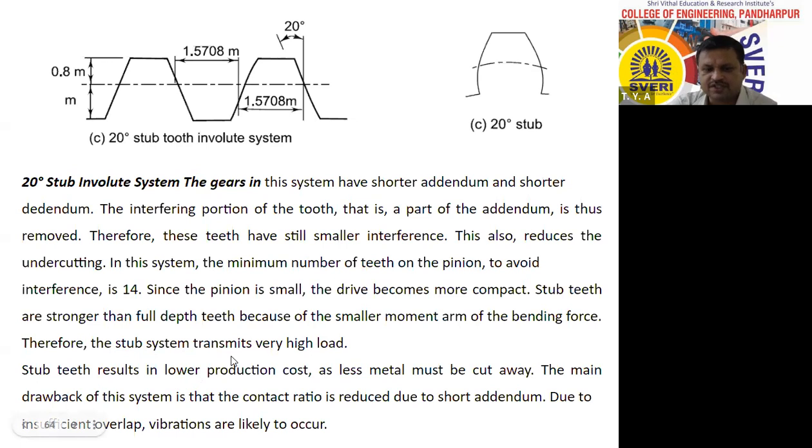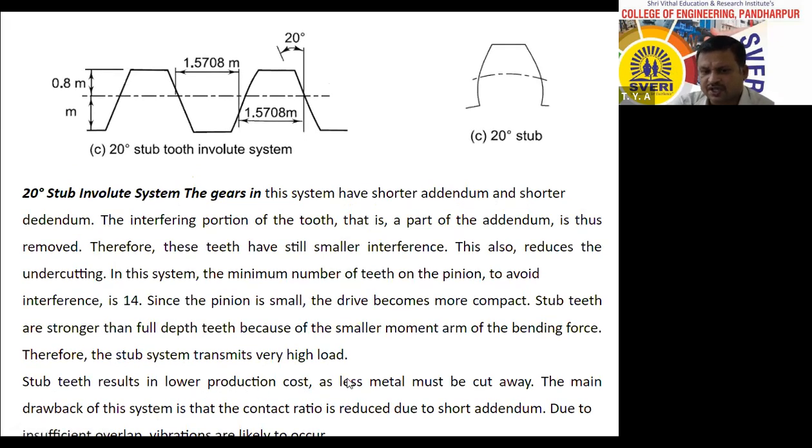Therefore, the stub system transmits very high load. Stub teeth result in lower production cost as less metal must be cut away. The main drawback of this system is that the contact ratio is reduced due to short addendum. Due to insufficient overlap, vibrations are likely to occur.